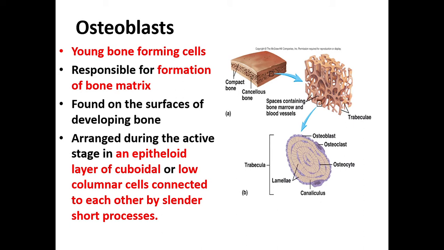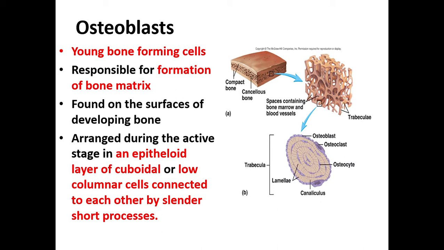processes. Now remember, during the formation of the connective tissue, we have the undifferentiated mesenchymal cells, and these cells have cytoplasmic extensions. Going to the formation of bone in the body, these undifferentiated mesenchymal cells will still have the short processes, the cytoplasmic extensions.